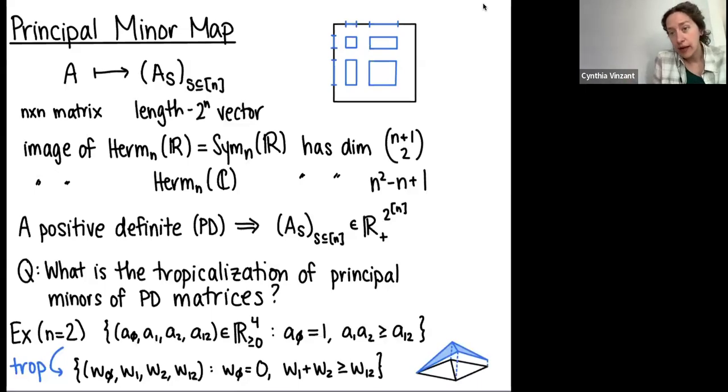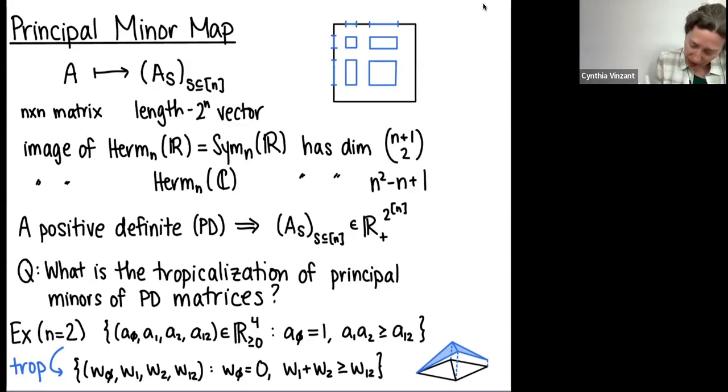One of the motivating questions for these works is what is the tropicalization of this image, which we can think of as the question of how the principal minors of a positive definite matrix can simultaneously go to 0 or infinity.